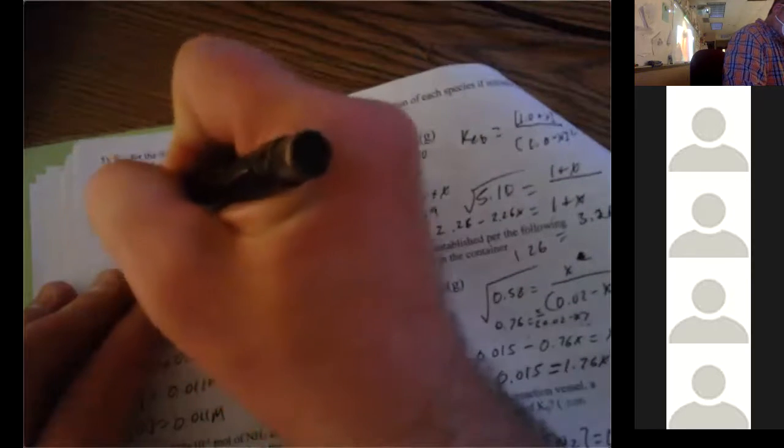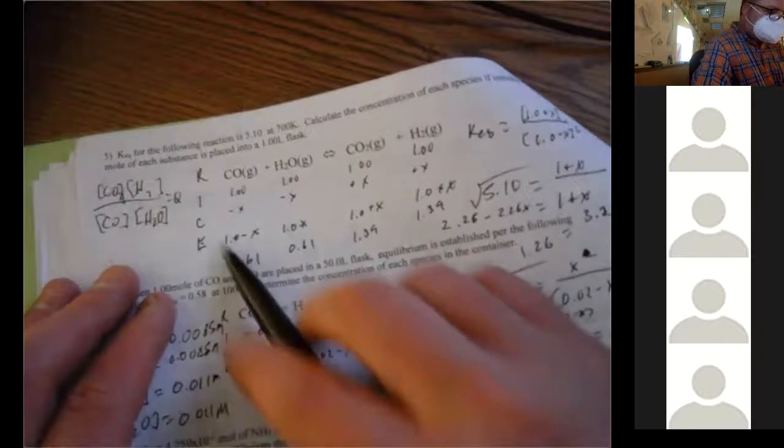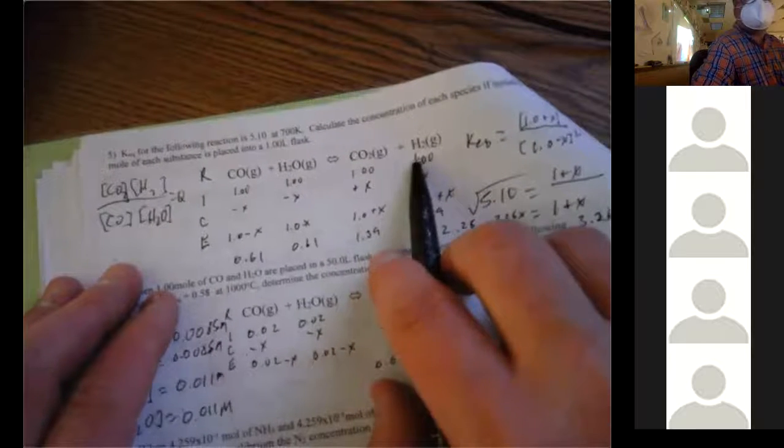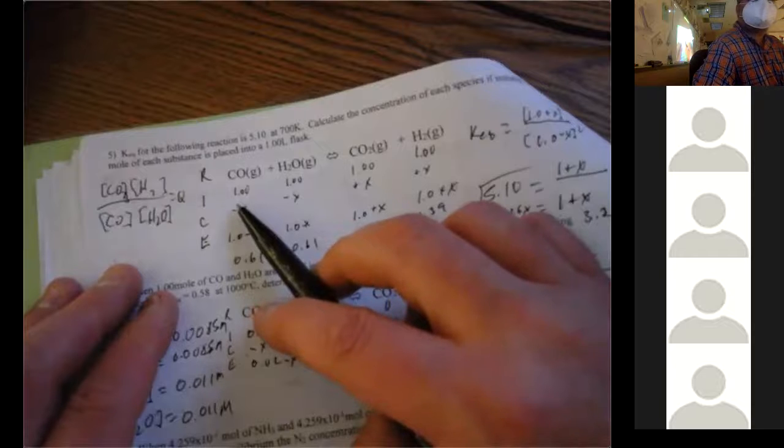So what we would do is we would set up CO2, H2 over CO, H2O. And we would set that equal to Q because it's not at equilibrium, right? This is at equilibrium. This is not at equilibrium. So what is 1 times 1 divided by 1 times 1? It's just 1.